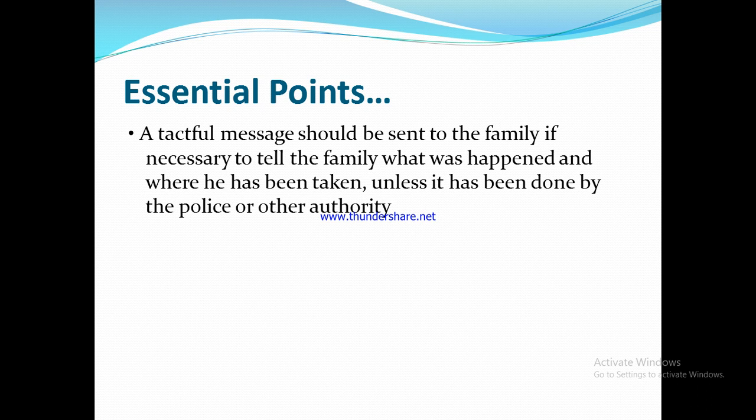You also have to be sure about the police situation, whether the police are handling this issue, and other authorities may follow up on this issue. Based on that, this part also could be a part of your aid, as a first aid, or as a first aider.